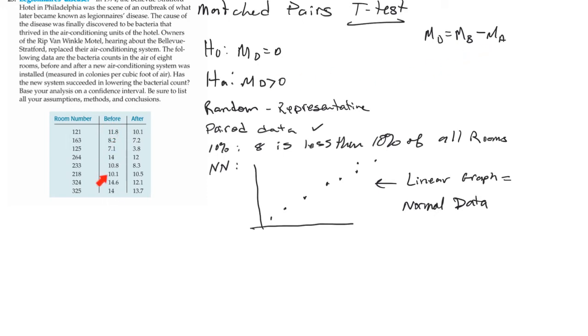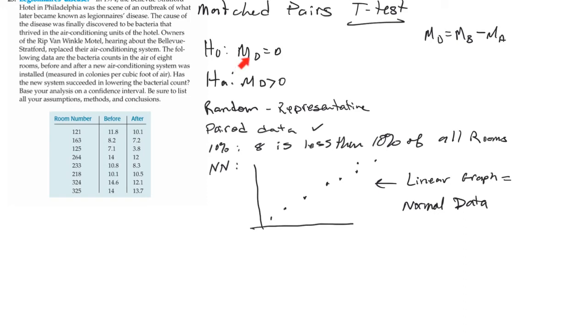They think the before has the higher mold content, after's got less. So when I did that subtraction like this, that helps me to write my alternative. I think if I do before minus after, I should get a positive number, because I think the before is going to be bigger than the after, because they think that this part should have lower mold content. So if you subtracted the other way around, you would have chosen less than.